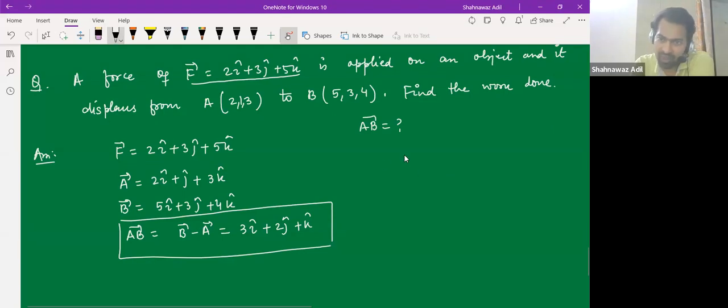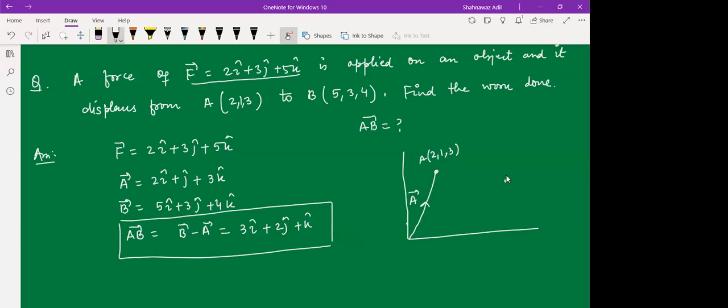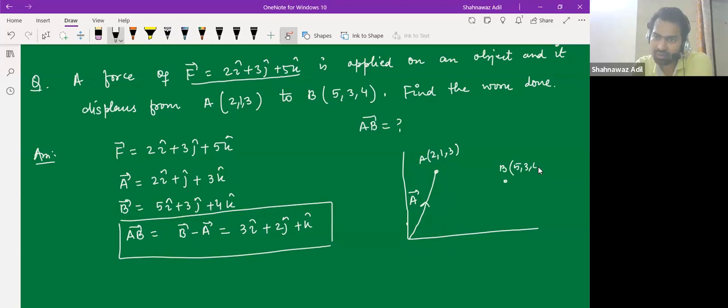So we have this point 2, 1, 3, and this is the position vector in this direction. And we have this B point, which is 5, 3, 4.